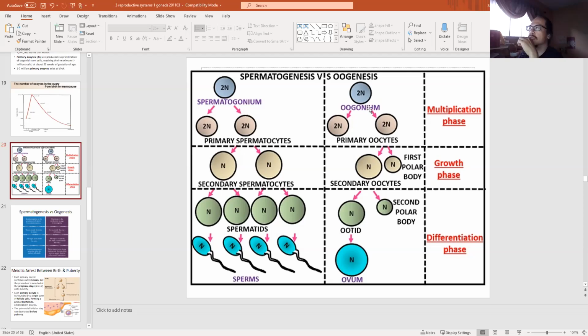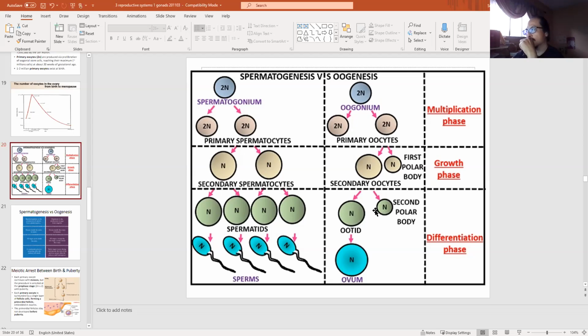So this is oogonia. It's very much the same. The oogonium differentiates into the primary oocytes. Then primary oocytes will start to conduct meiosis. Like here, primary spermatocytes conduct meiosis to produce four.